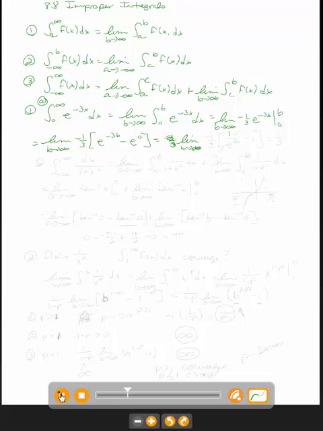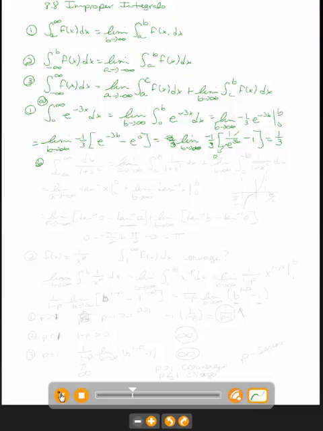That's still infinity. This is negative 1/3, and then it's 1 over e to the 3b. As b goes to infinity, the denominator becomes larger and larger, and 1 divided by a very large number is a very small number, so 0, and so I get negative 1/3 times negative 1, which is 1/3. And that was part A.